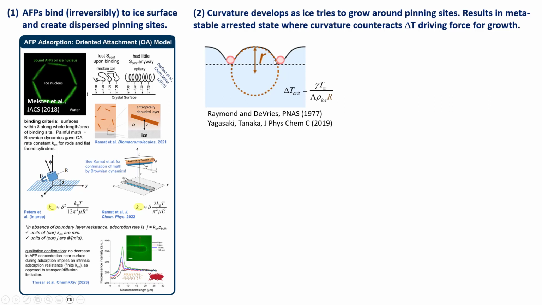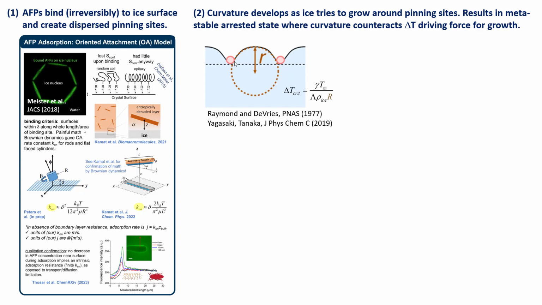As the supercooling gets deeper and deeper, the metastable equilibrium between the curvature and the ice surface results in stronger and stronger curvature.